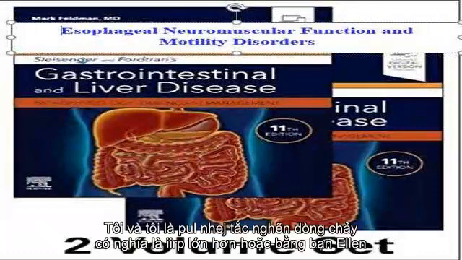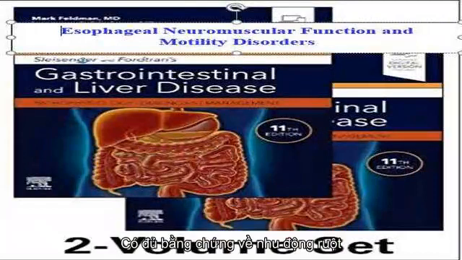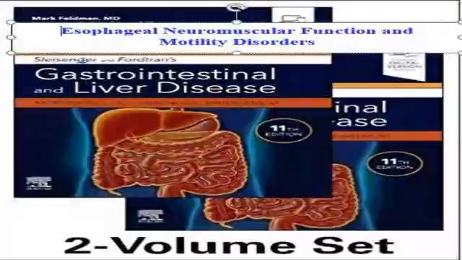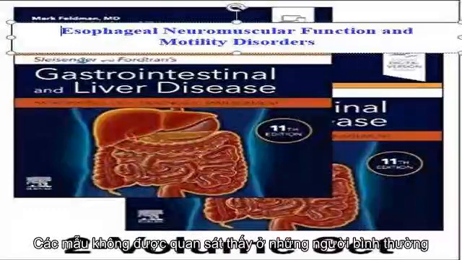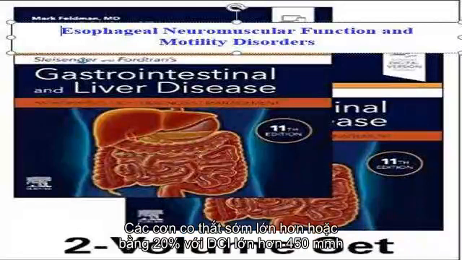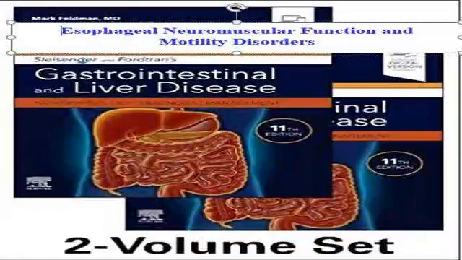EGJ outflow obstruction: mean IRP ≥ ULN, sufficient evidence of peristalsis such that criteria for achalasia are not met. Major disorders of peristalsis, patterns not observed in normal individuals: distal esophageal spasm, mean IRP < ULN, ≥20% premature contractions with DCI > 450 mmHg·s·cm, some normal peristalsis may be present.